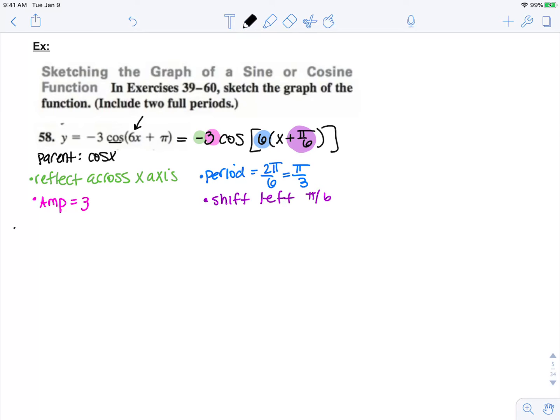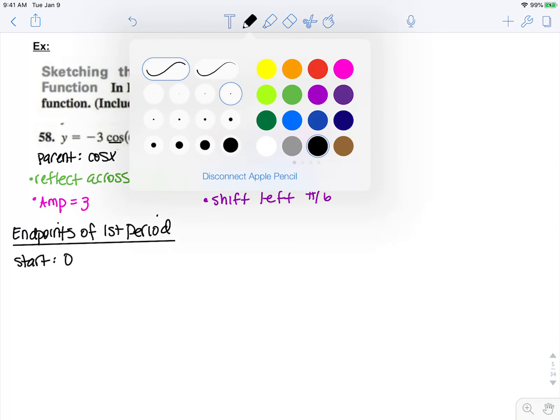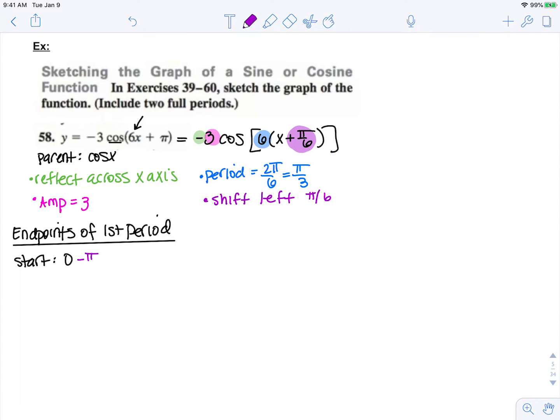The first thing we want to look for is the endpoints of the first period. Normally we start at 0, but since we're shifting to the left pi over 6, that means we're going to subtract pi over 6. So we're going to start at negative pi over 6.